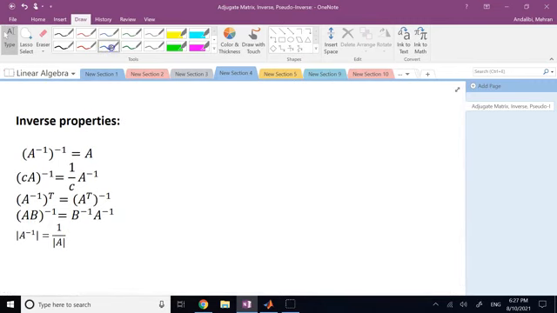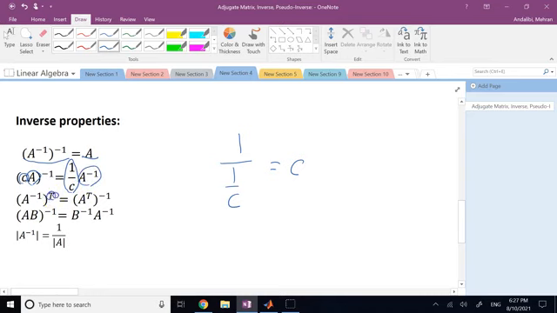Now, some important properties of the inverse. First is if you invert a matrix twice, you get the matrix back, very, very similar to what we had in the scalars. If you do the reciprocal of the reciprocal, you'll get the number back. If you multiply a matrix by a number and then invert it, it is like taking the reciprocal of that single number and then multiplying it by the inverse.